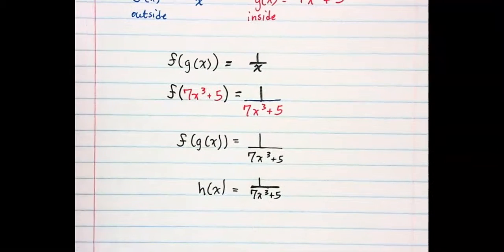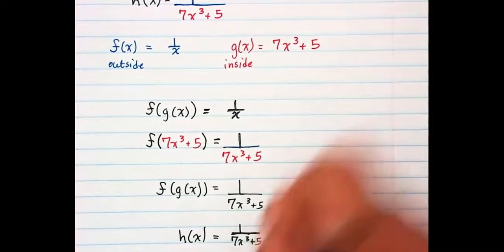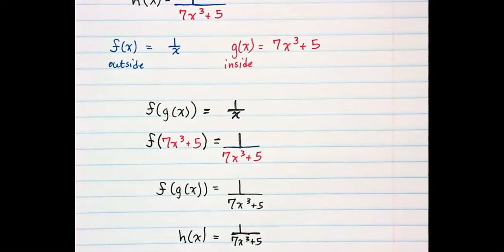Booyah. So we are done, guys. That is it. You find your outside function, inside function, and then you try to work it out to see if it gives you back the original. If it does, it means you did it right. If it doesn't, that means you did something wrong. You got to fix it. All right, that is it.